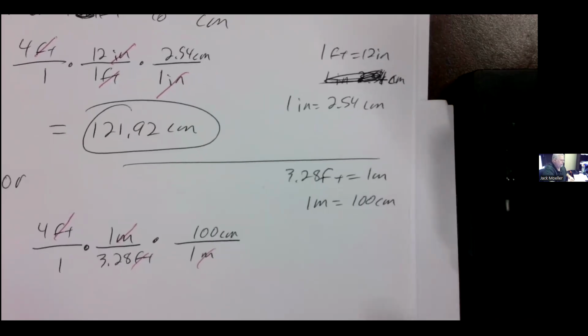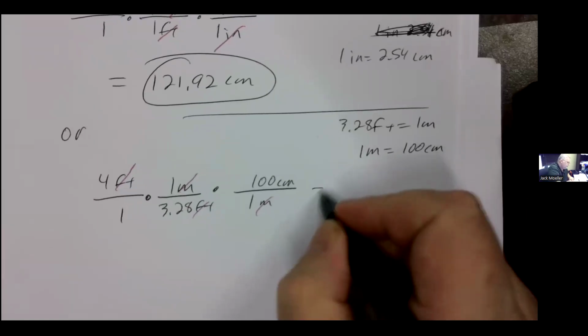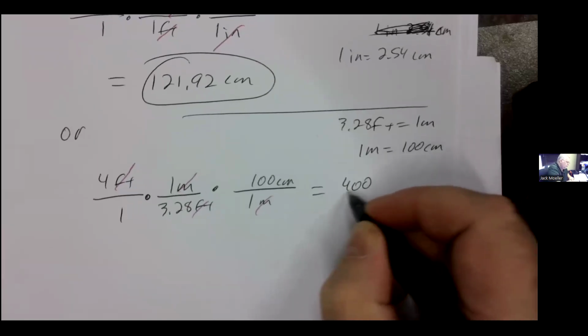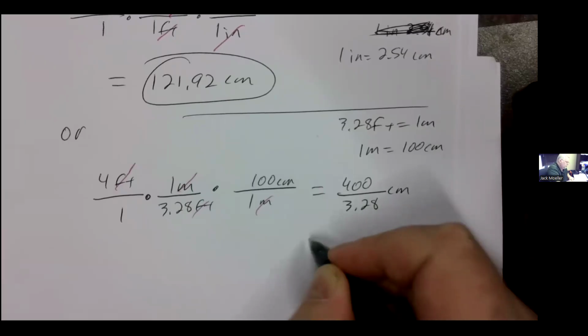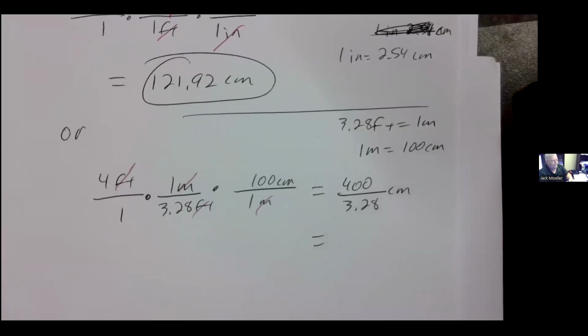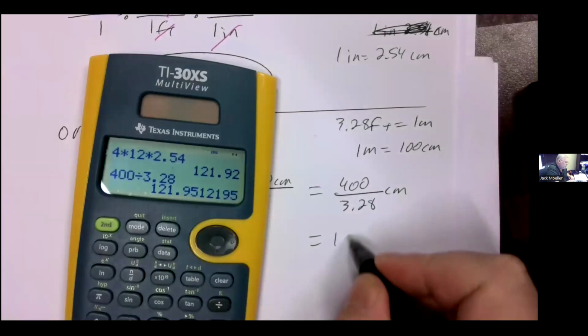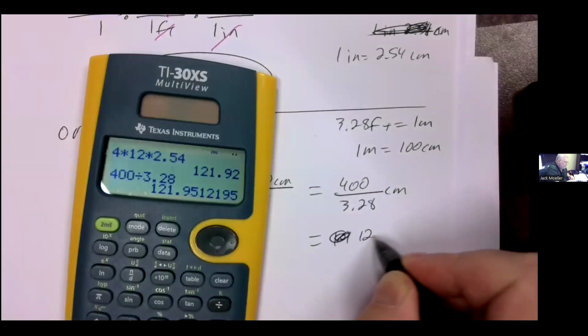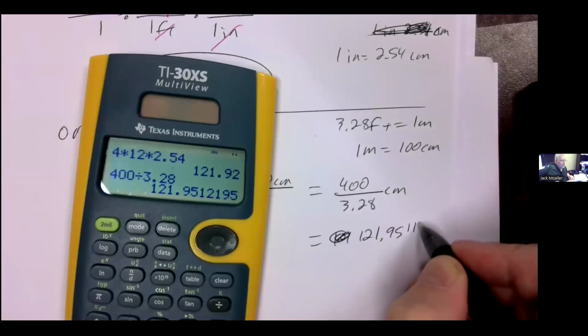So now what do we do? We multiply the top, so we get 400. On the bottom, it's just 3.28. And 400 divided by 3.28 is 121.95121.